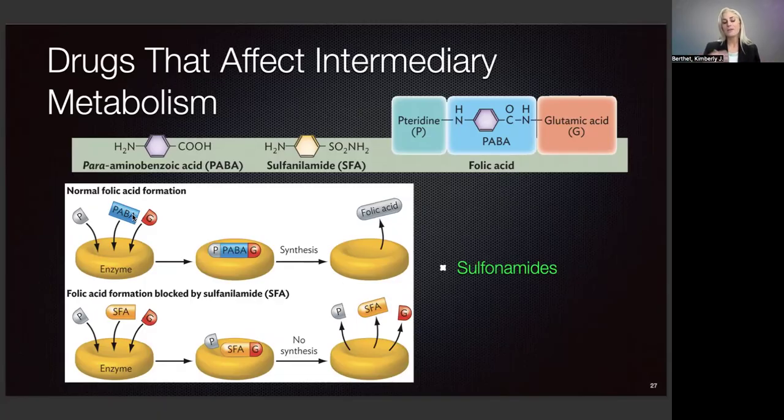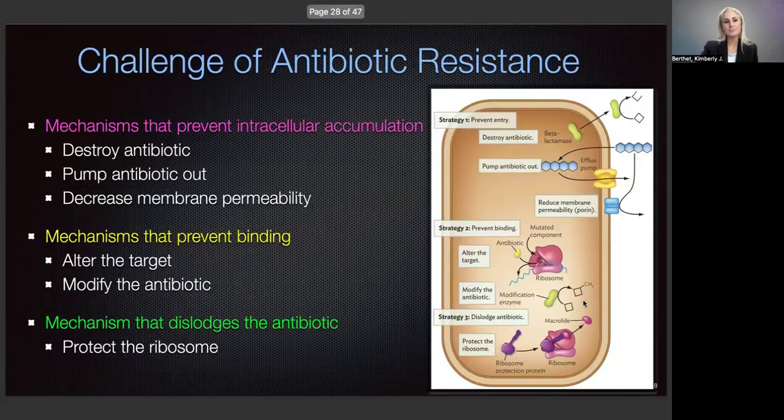So now we don't have available G to glue to PABA because the enzyme is mistaking this antibiotic for PABA itself, the para-aminobenzoic acid, which is a critical component of folic acid. So these sulfonamides are important in preventing metabolic reactions from occurring. It's tricking these cells into incorporating the antibiotic instead of incorporating PABA in this metabolic reaction.